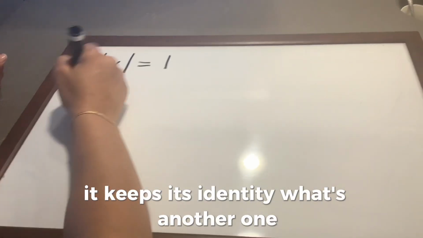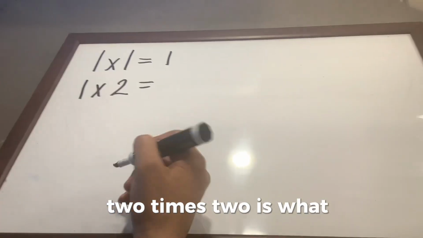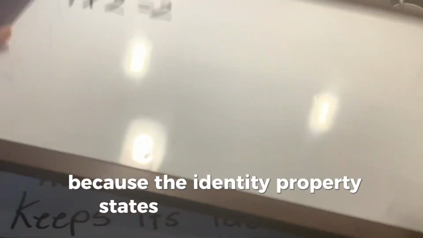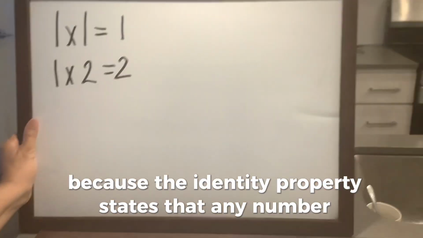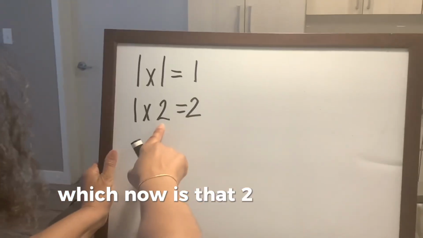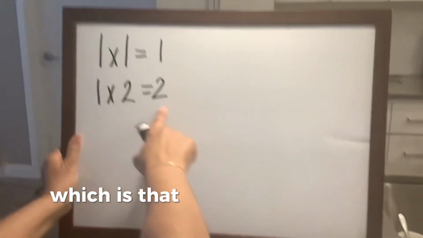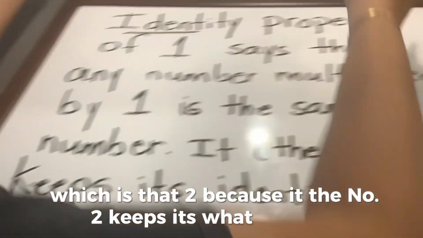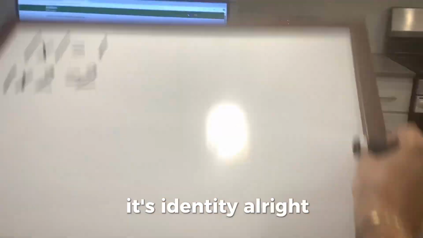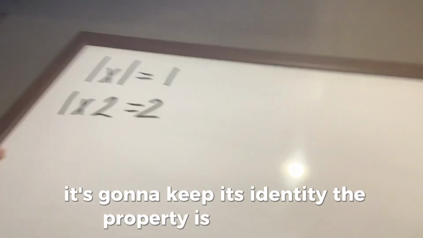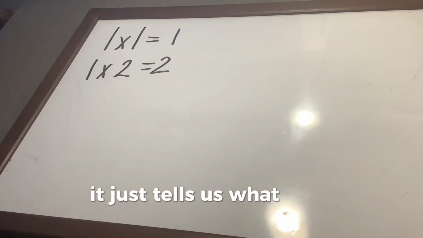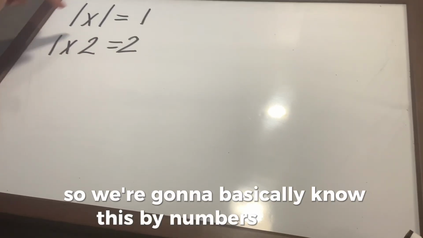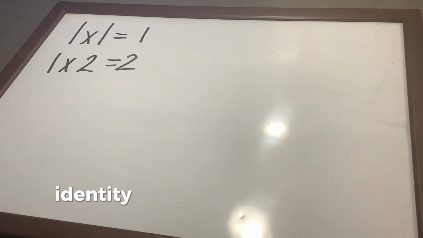What's another one? 1 times 2 is 2, because the identity property states that any number multiplied by 1 is the same number, because the number 2 keeps its identity. The property is just the law. It just tells us what these numbers are doing. So we're going to basically know this by numbers and identity of 1.